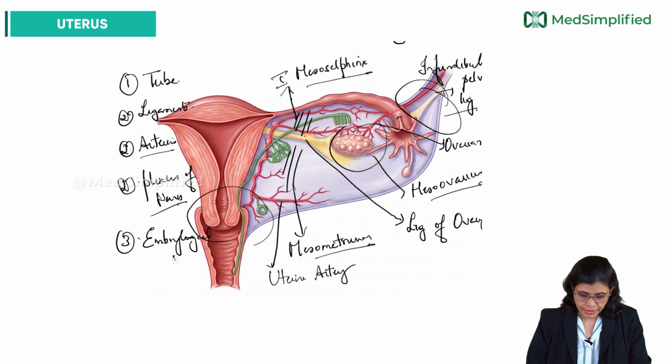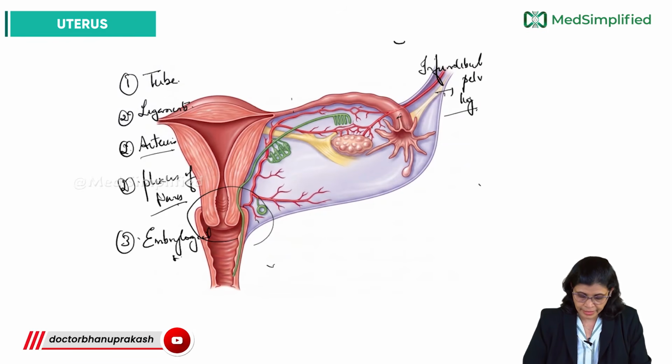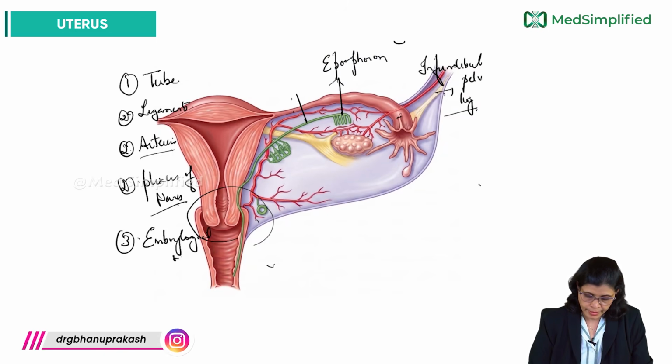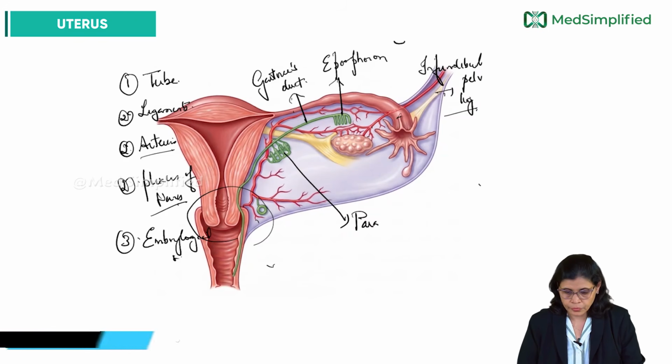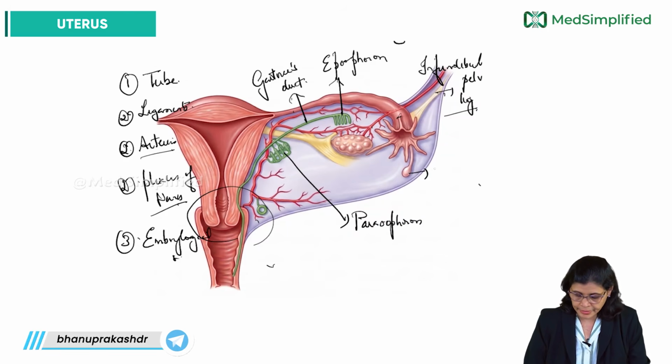The embryological remnants we see here are the epiphoron and Gartner's duct, then the parophoron and the vesicular appendages.